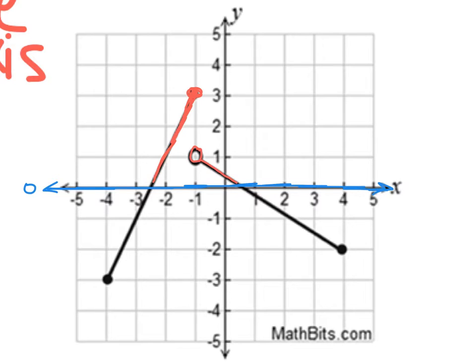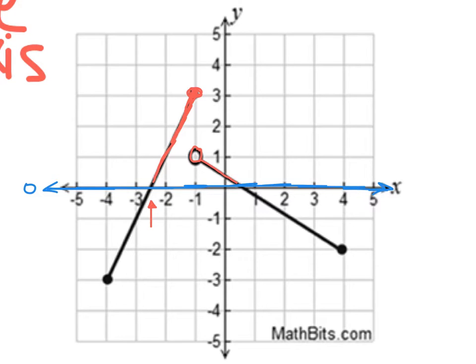What I want to do is state the x values for which this graph is above the x-axis, so the x values corresponding to the parts that I highlighted in red. It looks like I'm starting here at, I've got to take a stab at it, negative 2.5.